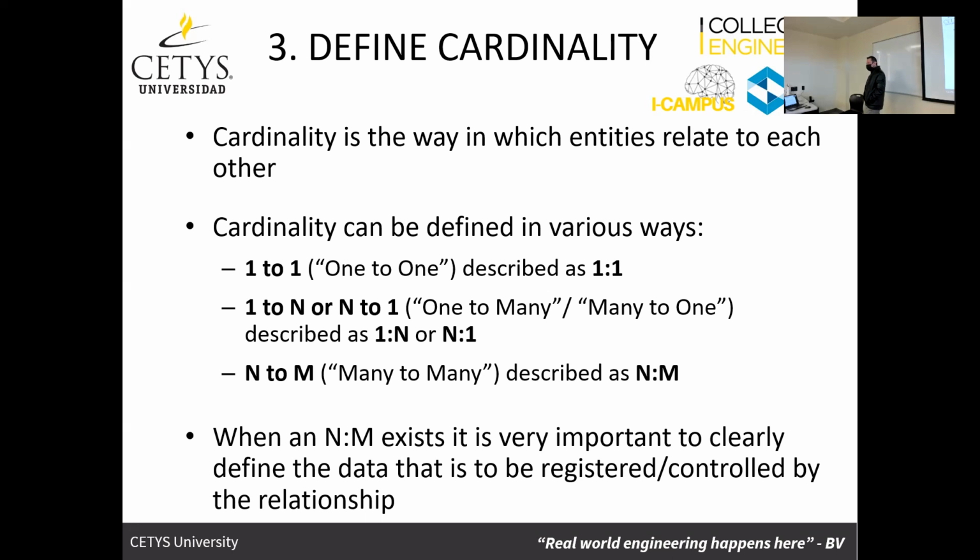The way we represent cardinality is that there's going to be a number, a colon, and another number. 1 colon 1 is described as a one-to-one relationship. And we're going to talk about those in a moment. So what is an example of a one-to-one relationship?